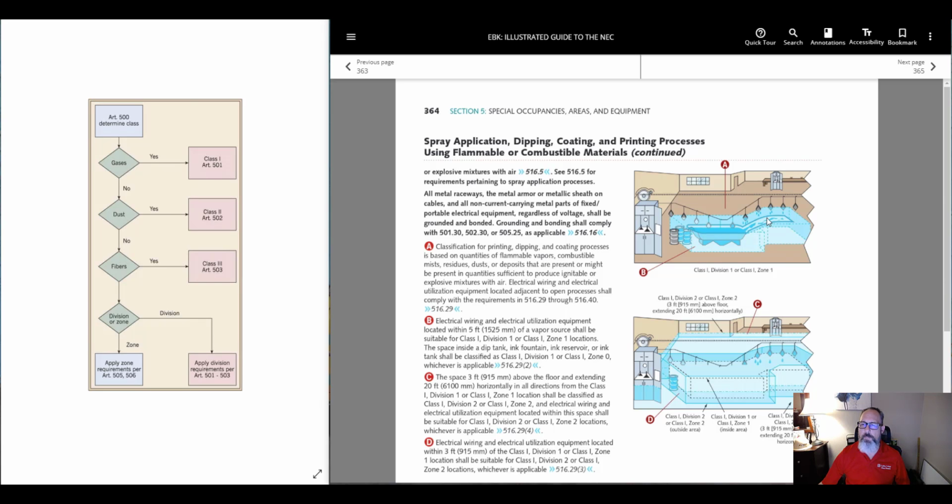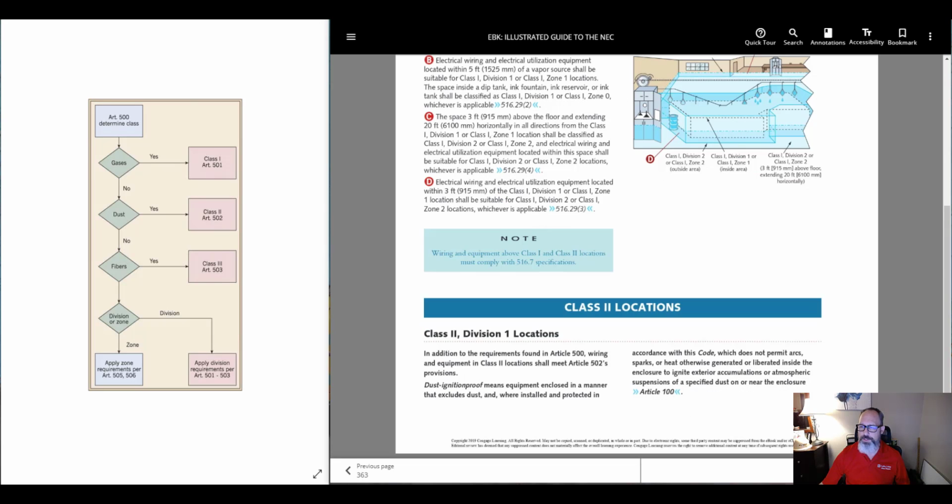But if there's electrical on this piece of manufacturing equipment, you're going to have to treat it as though it was in a Class 1 Division 1 location for this example. And this one here is showing how it will extend past, and you will have a Class 1 Division 2 on the outside of that. So just giving you a couple of options.